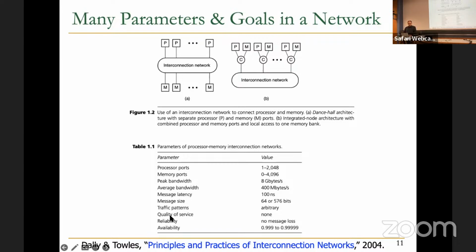Should we satisfy some service or not? What do we do about reliability? For example, this interconnect claims no message loss. That was the goal for this interconnect, to make sure that it's reliable. And what's the availability? So there are a lot of parameters of processor-memory interconnection networks and goals that you need to consider to design your interconnection network.